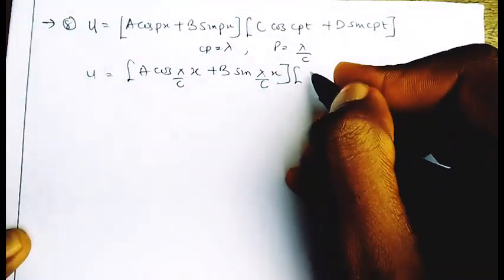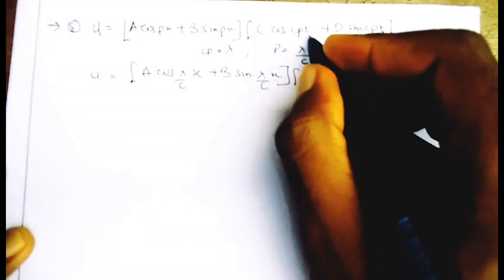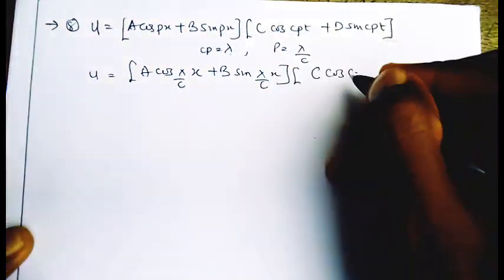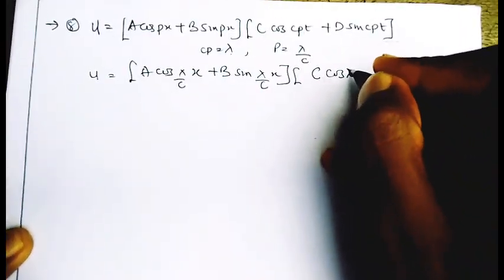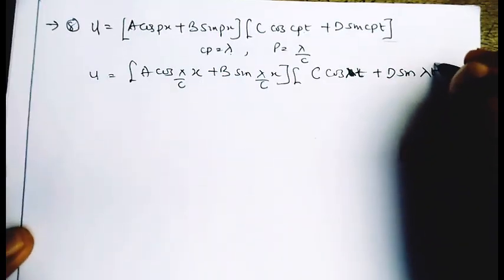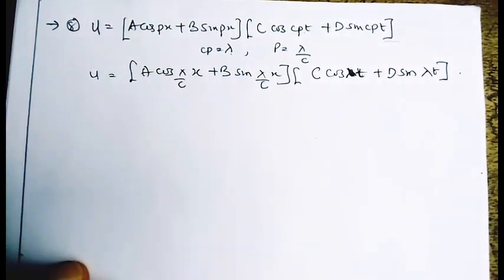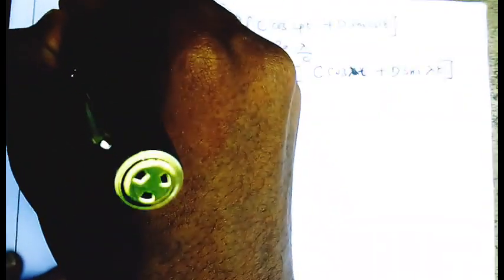Then do the same thing for this place. This is c cos, remember cp is lambda, so this is lambda t plus d sine lambda t. So now, this is step 9.